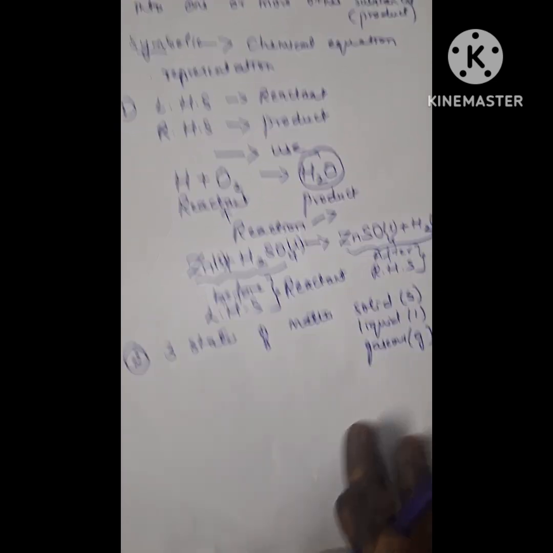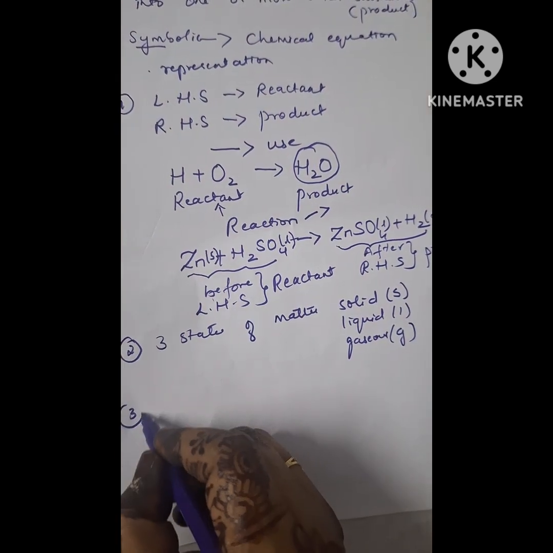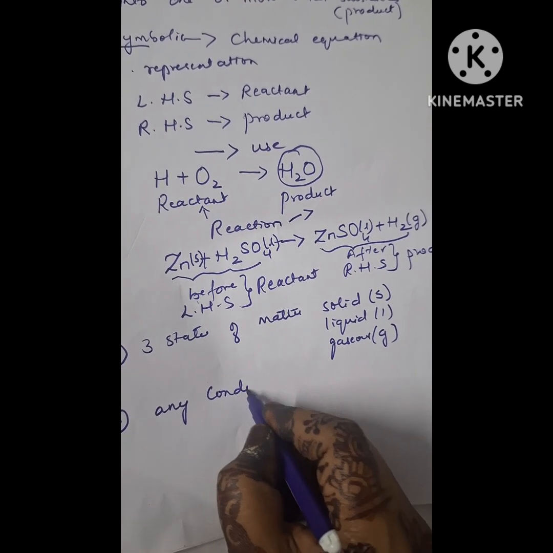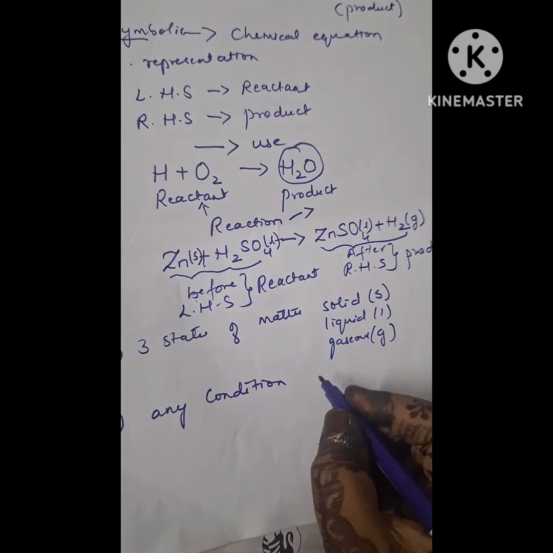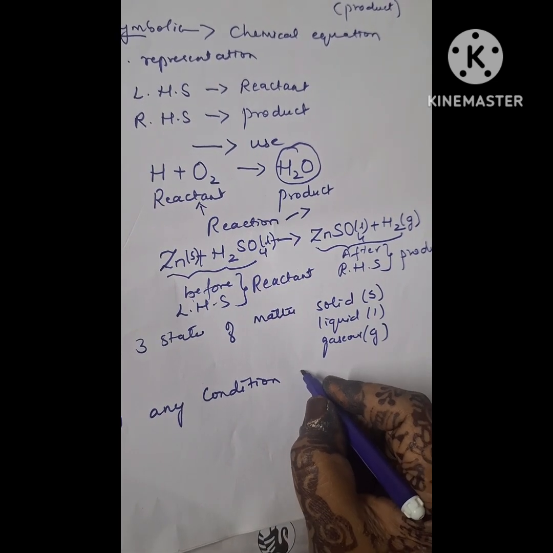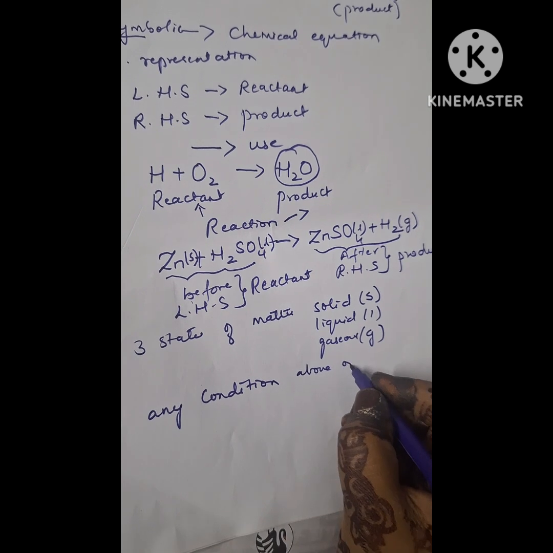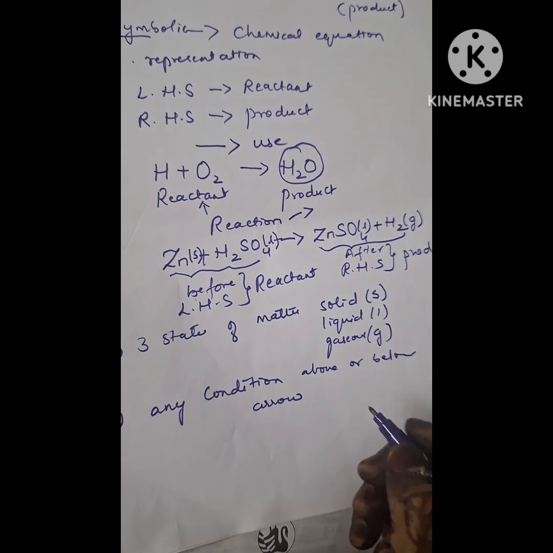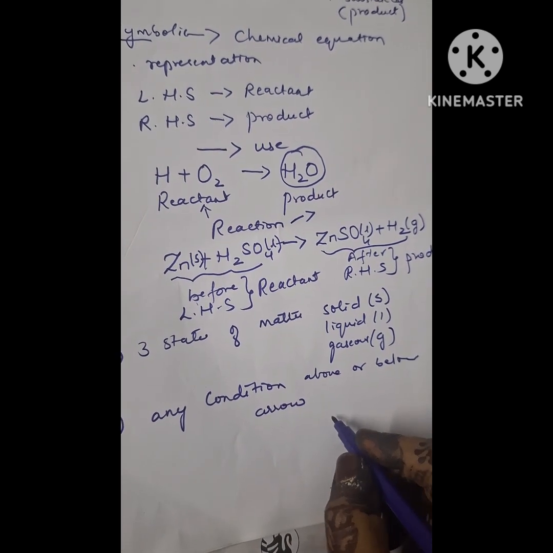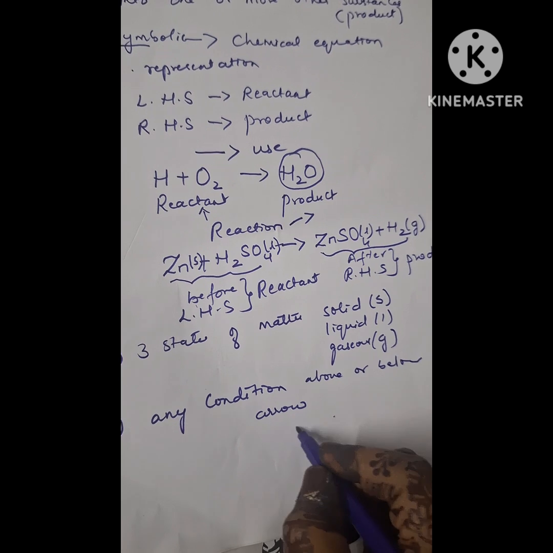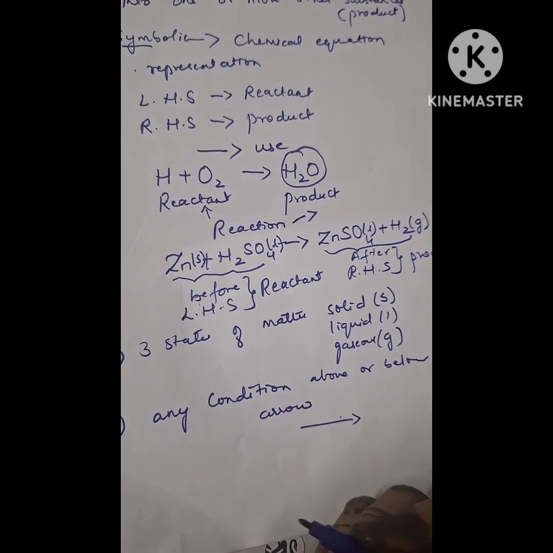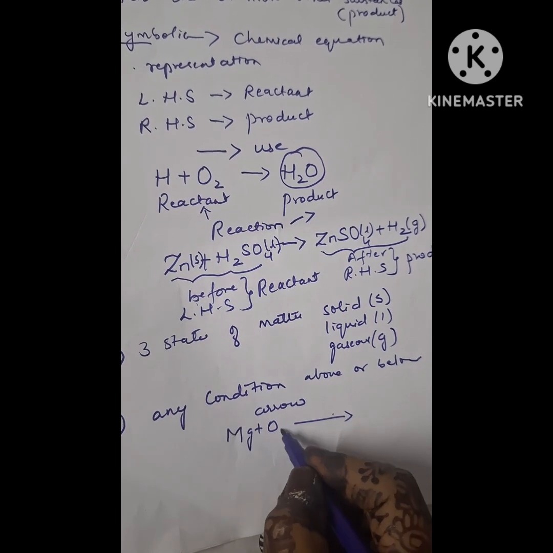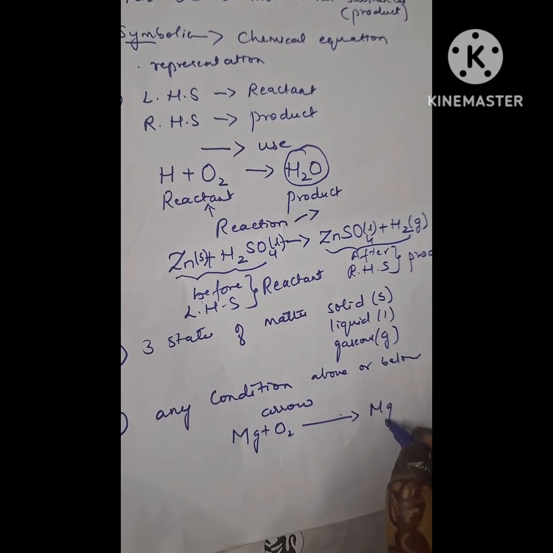Now moving on to the third step. Any condition during the reaction can be written above or below the arrow mark. Like if a reaction has to be heated, for example magnesium reacts with oxygen to form magnesium oxide.